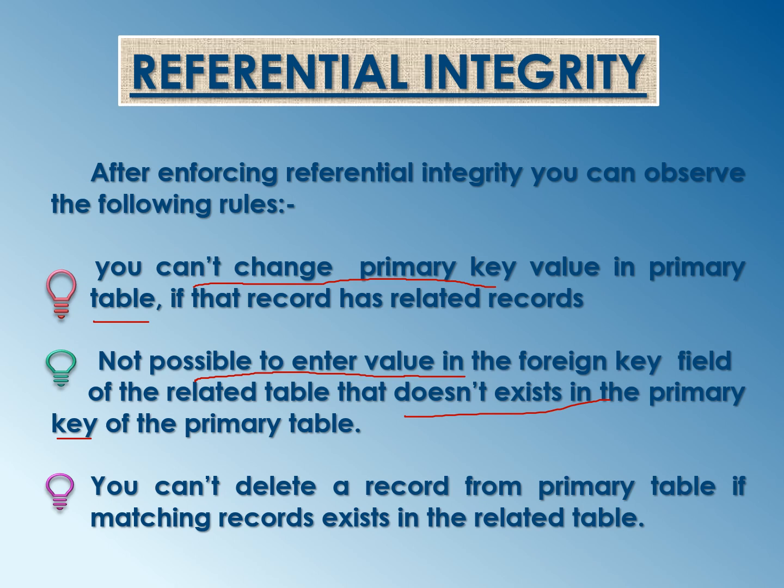Third, we cannot delete a record from the primary table if there are matching records in the related table. Similar to that, if I have a teacher belonging to department 001, I cannot delete that department. Again, the same thing, the teacher record will be orphaned. It will not have any connect if I delete that department. I hope that makes it clear.